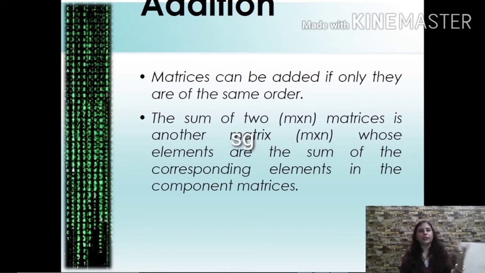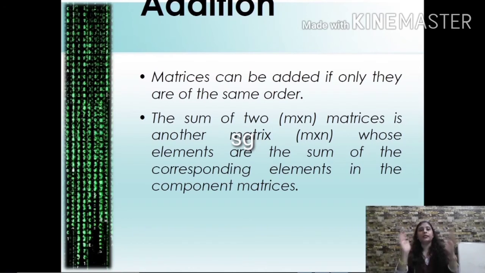As I said, in the previous class we had discussed the order of a matrix. Let me give you again a brief summary. The order of a matrix is defined by M cross N, where M, for Mumbai, represents the number of rows present in the matrix, and N, for Nagpur, represents the number of columns. Now, we need to take the addition of two matrices.